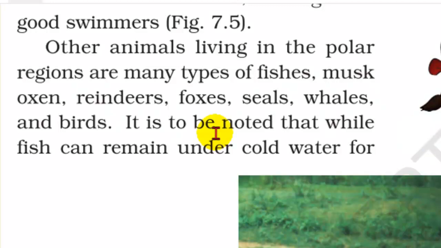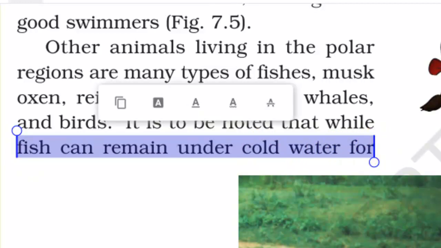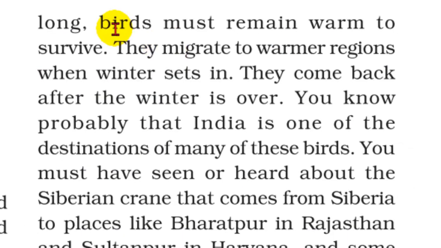You have to remember that fishes can remain under cold water for a long time, but birds cannot remain in the cold weather for a long time, so they migrate to warmer regions in order to survive when the winter arrives.